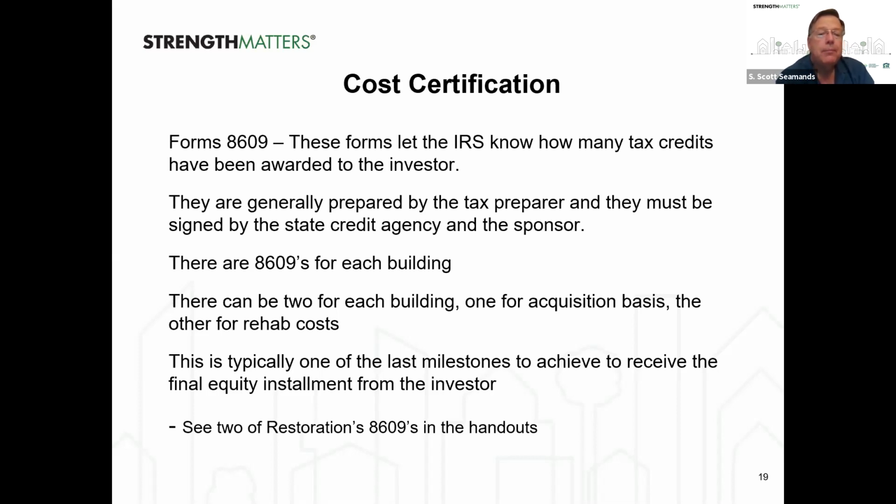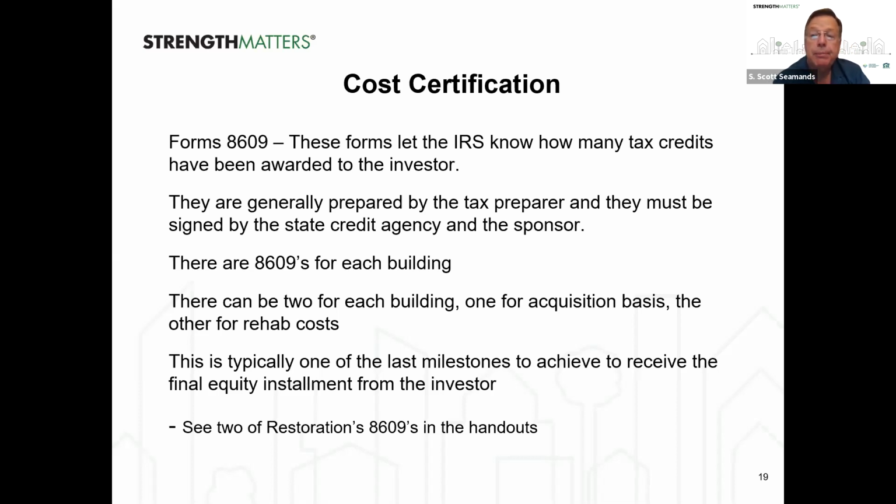So generally the 8609s are drafted by the CPA firm, tax preparer, and sent to the state agency. You typically will send in the 8609 forms as well as the cost certification and maybe a placed in service package that indicates each of the units, when they were occupied, and the income level of the renter for each unit.